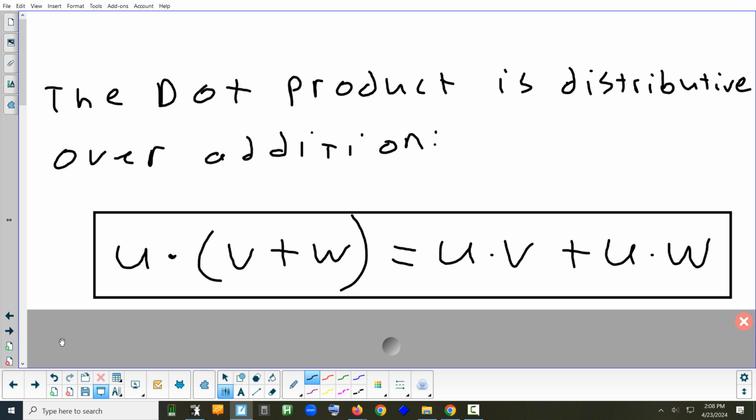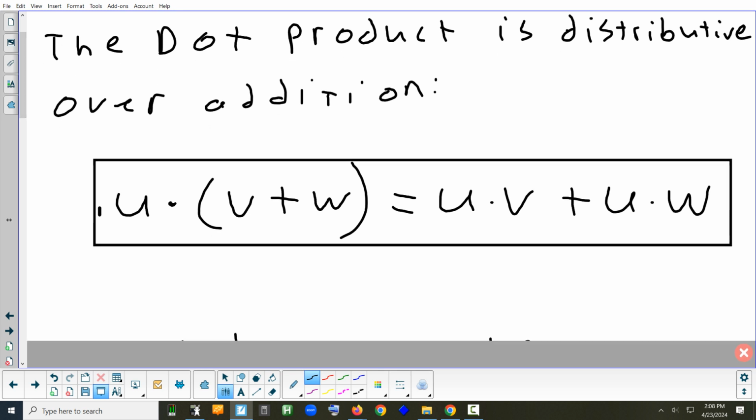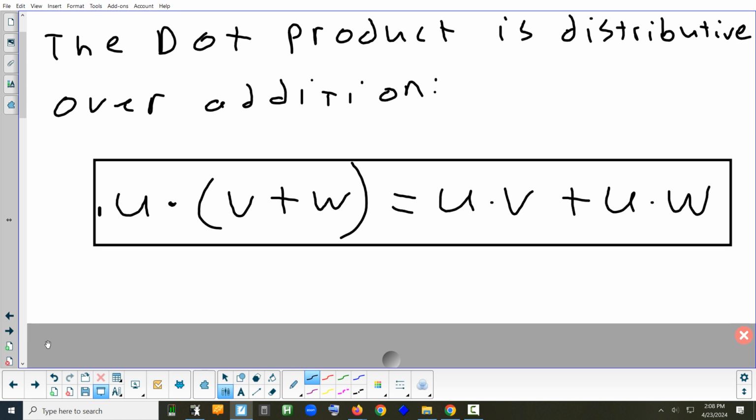Or find the dot product with v, then find the dot product with w, and add those two results together. That's the distributive property. We're not going to prove that it works. I'm just going to tell you that it works. You don't believe me? No, I believe you. All right. So yeah, we're doing pretty good.